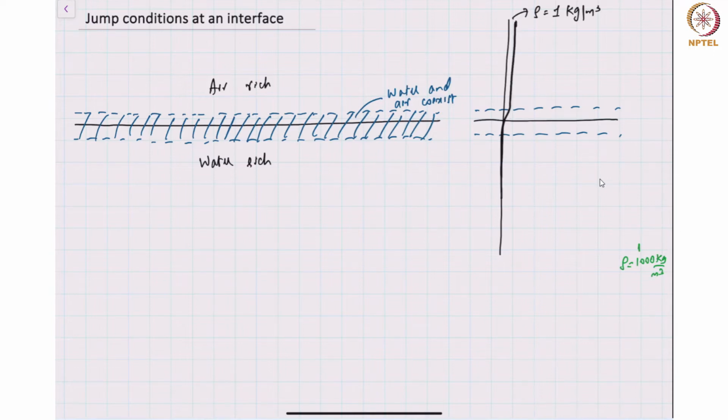So this will be the plot of the density of air. Similarly, if I plot the density of water, it's practically 0, then it's practically constant here, then it will rapidly decrease here, and then it will be 0.